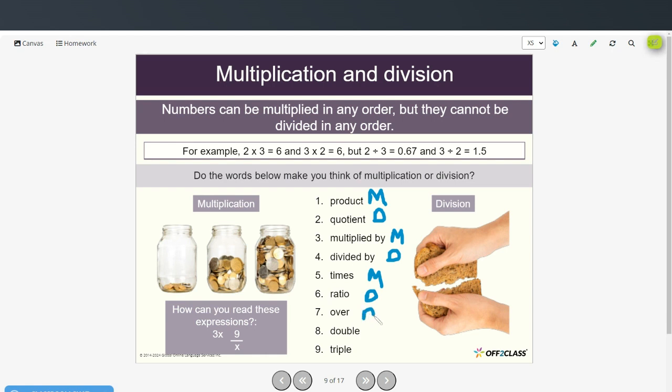Over is division. Double is multiplication. And triple is multiplication. And then practice reading these expressions. So 3 times x, or 3 multiplied by x, or x tripled. This could be 9 divided by x, or 9 over x.